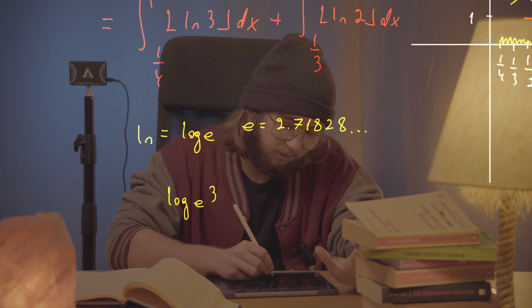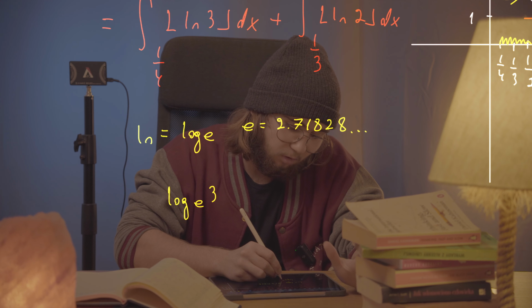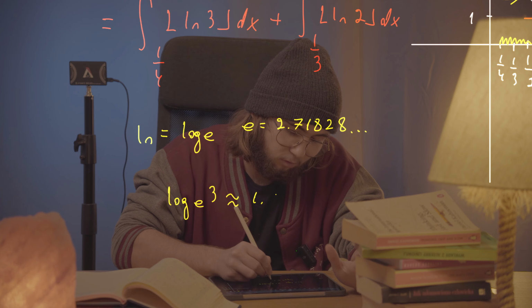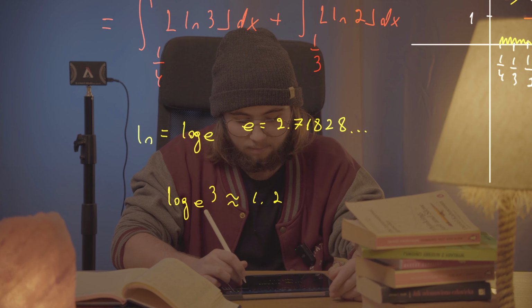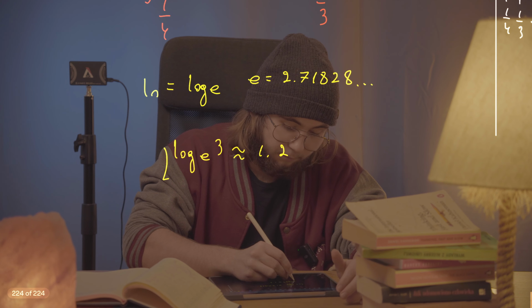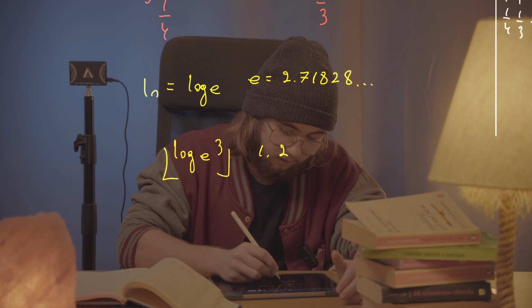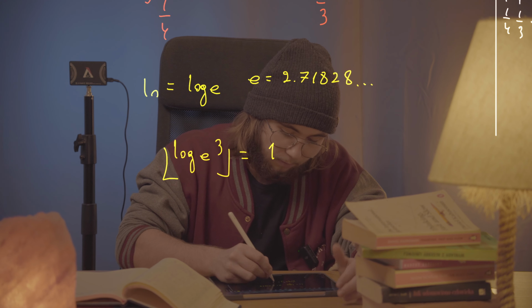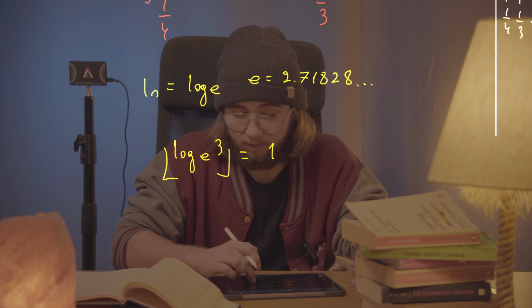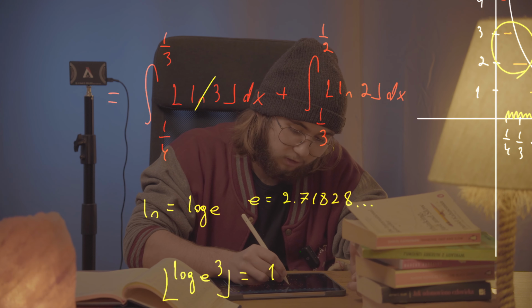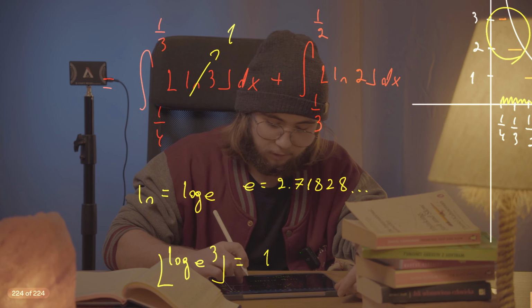It's going to be somewhere around, maybe 1.2. I honestly have no idea, but it doesn't really matter because the floor of that thing is going to be definitely equal to just 1, so I don't really care about the exact value. And so we can just say that this thing here is just going to evaluate to 1.